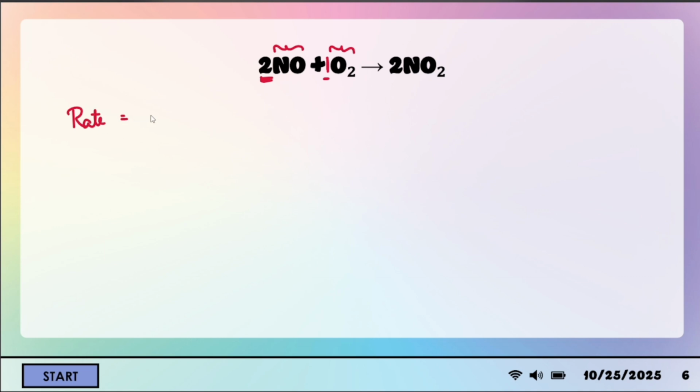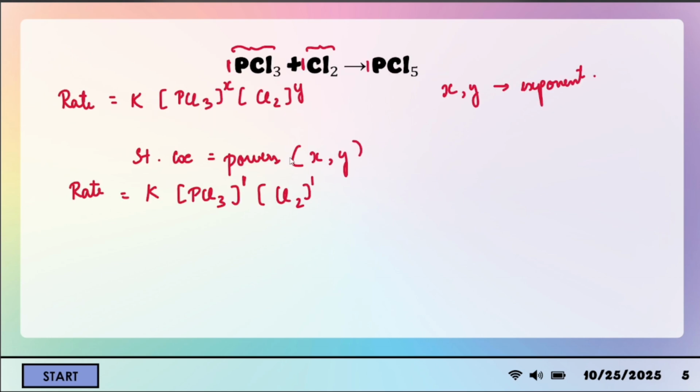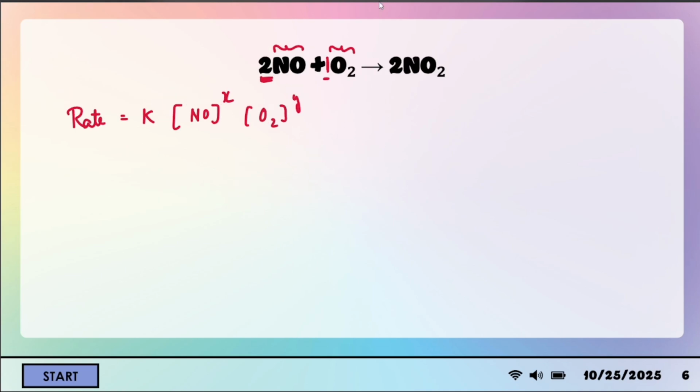So rate is equal to K [NO]^x [O2]^y. As from the previous question, we have seen that the stoichiometric coefficient is equal to the power, that is X and Y. So if I substitute as per that, for NO the stoichiometric coefficient is 2, and for O2 the stoichiometric coefficient is 1, right?